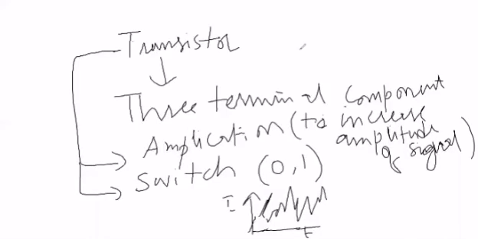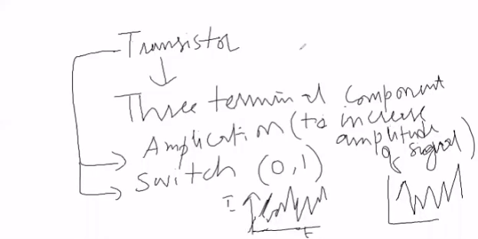So if you want to increase the signal and reproduce the same signal, you can put a transistor there. The transistor will increase the signal strength, and you will get the same signal, but its strength will be increased, and you can reach that signal easily from one place to another place. Okay, so these are the main purposes of a transistor, as an amplifier and as a switch, an electronic switch.